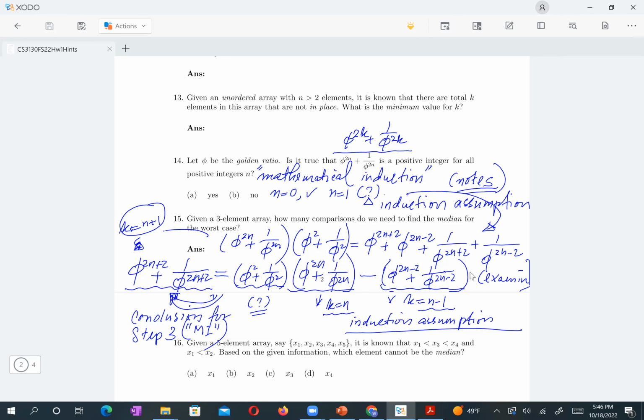This is the one I want you to have a chance to practice. I do not ask you to write the proof. Here, it's a multiple choice, but your thinking relies on mathematical induction.